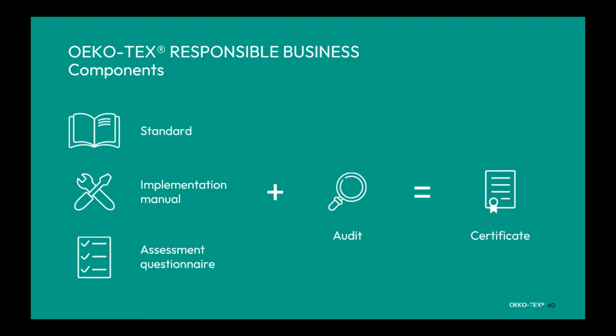So we have our standard as well as an implementation manual, which can be found on our website, as well as an assessment questionnaire. If the assessment questionnaire has been filled out and we can perform an audit, that is how the certification of Responsible Business is then received.